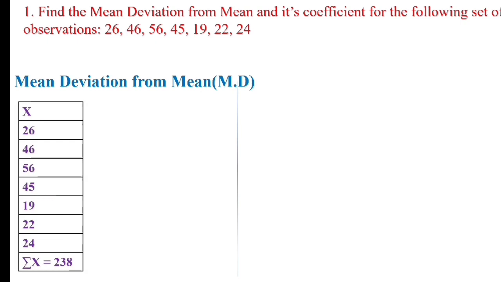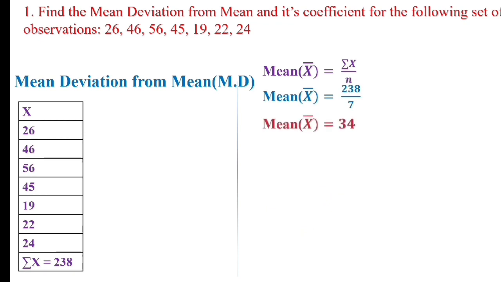The sum of the values 26, 46, 56, 45, 19, 22, 24 is 238. The number of values is 7. 238 divided by 7 gives 34. So the mean value is 34. Why are we finding the mean? Because we are finding mean deviation through the mean.